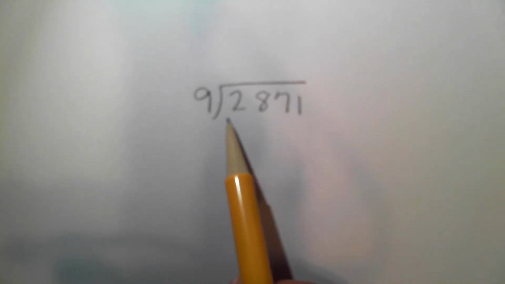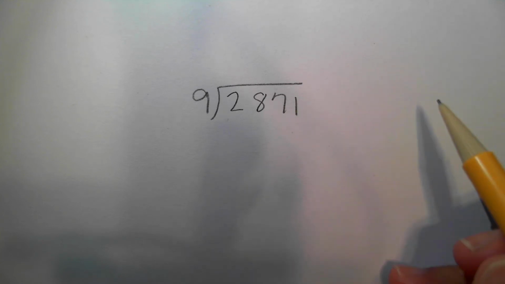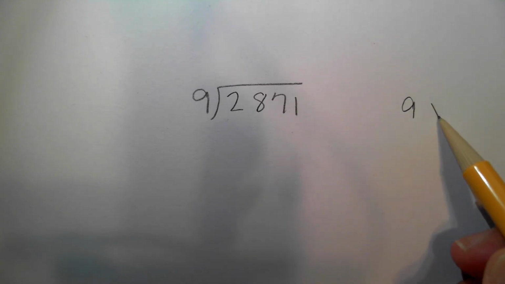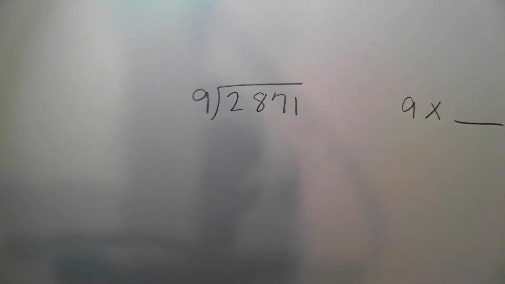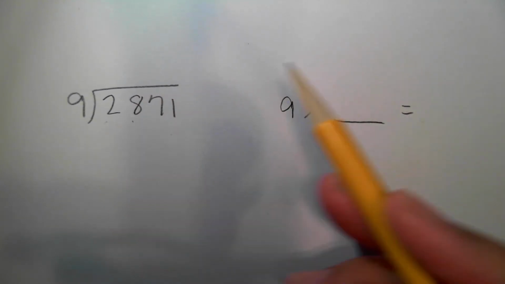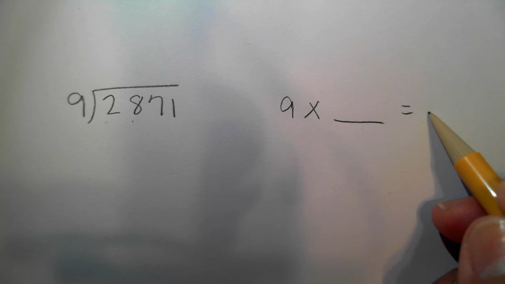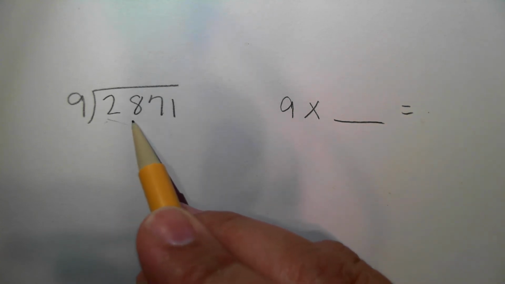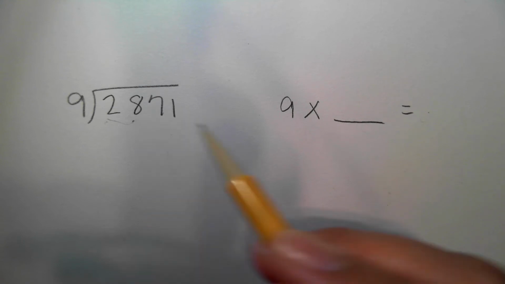What I'm going to do right now is estimate the potential quotient that I could get by simply estimating using multiplication or using friendly numbers. I'm going to think, 9 times what would give me close to something that looks like this number. So maybe I can round this to the next friendly number, which could be 3,000.